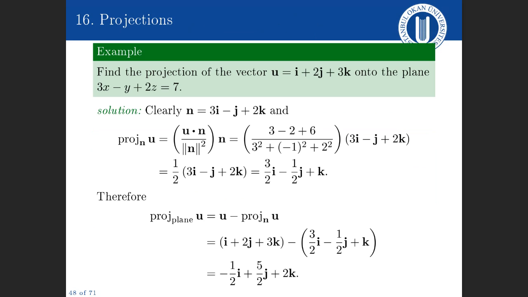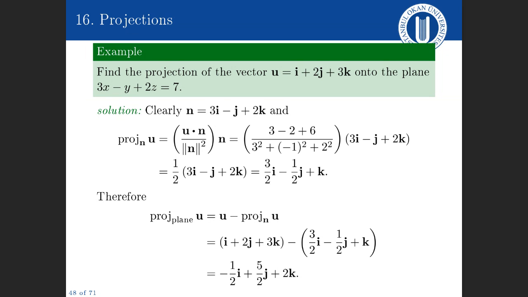Let's do an example. Find the projection of the vector i plus 2j plus 3k onto the plane 3x minus y plus 2z is equal to 7. We know the normal vector straight away. We'll just read the numbers off the plane equation. The numbers are 3, minus 1, and 2, so the normal vector must be 3i minus j plus 2k.